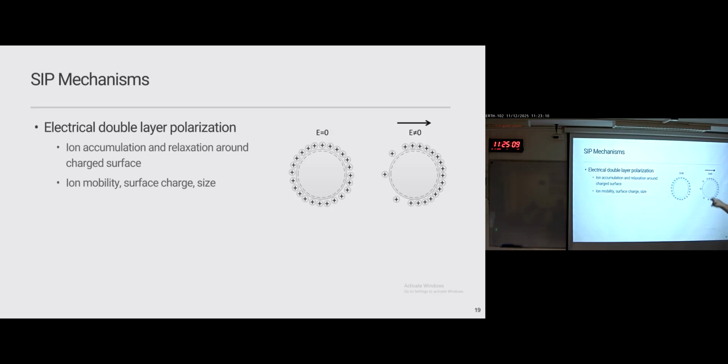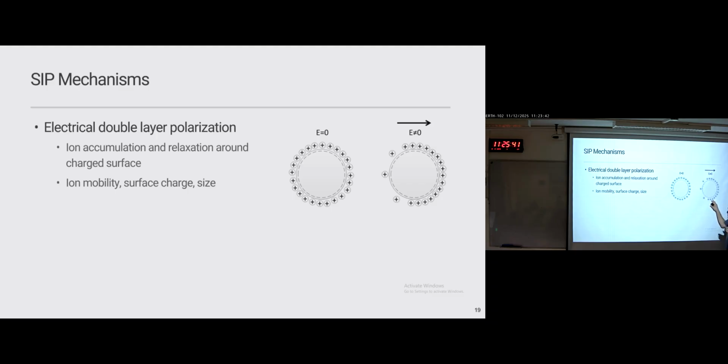Now we apply some external electric field, and this external electric field causes ions to move and to polarize. So we have accumulation of ions on one side, and if we remove this field, we have relaxation of this process. In simple words, this explains polarization in porous media at the low frequency range.